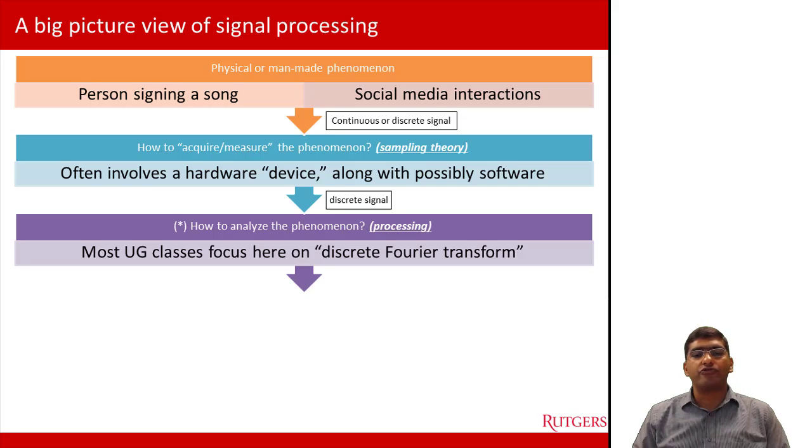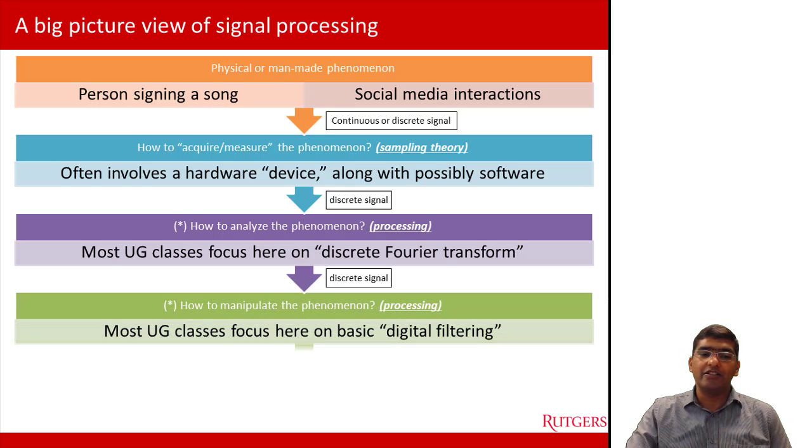When you go to graduate school or higher classes, you can learn more sophisticated techniques for doing analysis of the phenomenon, extraction of information. Now, the star here means that you don't have to have this component in your signal processing system. The output of this analysis part, if there is an output, would again be a discrete signal.